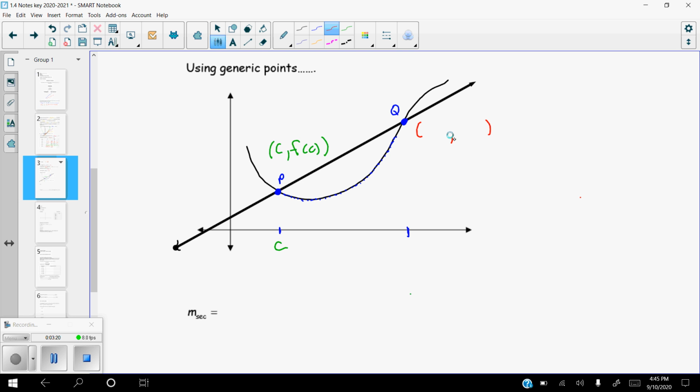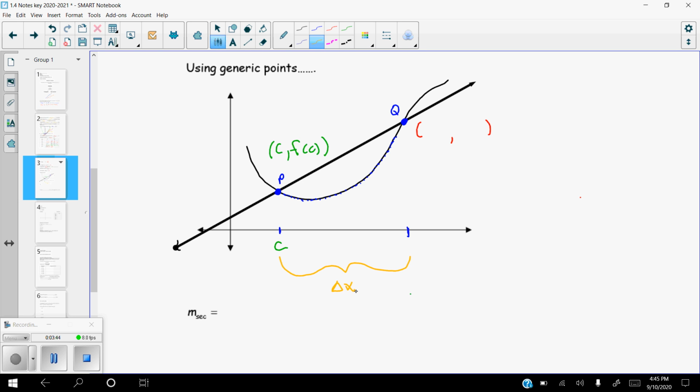To get from the point C to the next point X over here on the second blue dash, there's some kind of a change of X. So the distance between here and here is a change of X. And we use this little triangle to represent the word change.